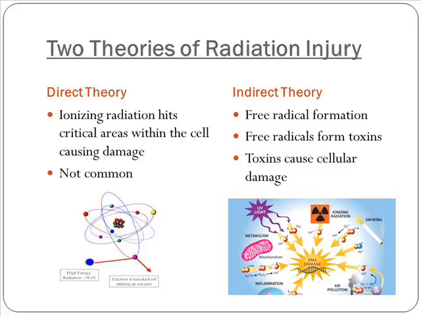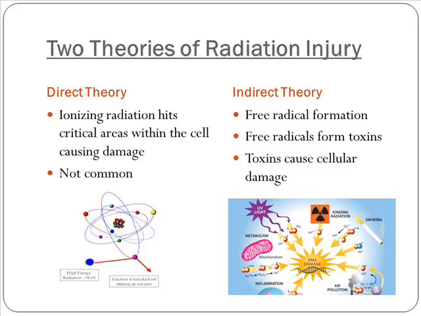When the X-ray photon ionizes the water of a cell, forming free radicals. And then those free radicals, if they are not healed, and there is a way of healing them through antioxidants, which you learned about in the video, if they're not healed, then they form toxins that cause cellular damage.